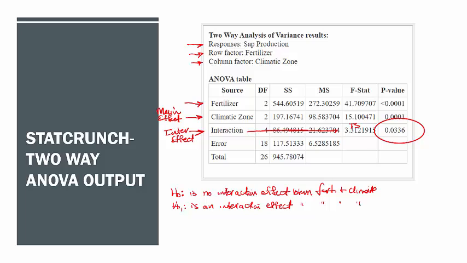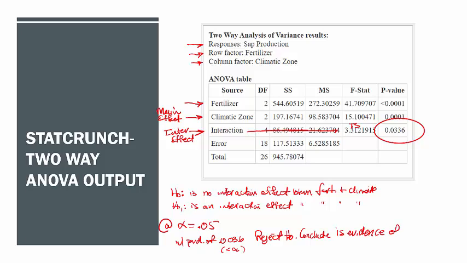And so let's just say, I don't think a significance level is given, so let's just say at alpha equals 0.05, which is the most common significance level, at alpha equals 0.05 with the p-value of 0.0036, which is less than alpha, we reject the null hypothesis and conclude that there is evidence of an interaction effect.